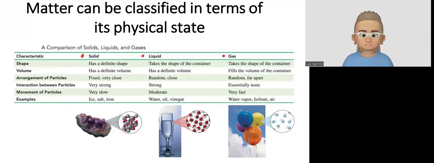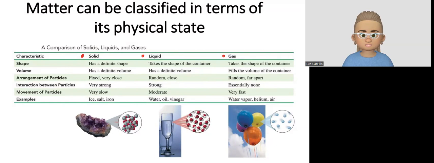If you have a substance that is a solid, that solid is going to have a definite shape and a definite volume. The arrangement of those particles is going to be fixed and very close. The interaction between the particles is strong, and the movement of the particles is going to be slow.